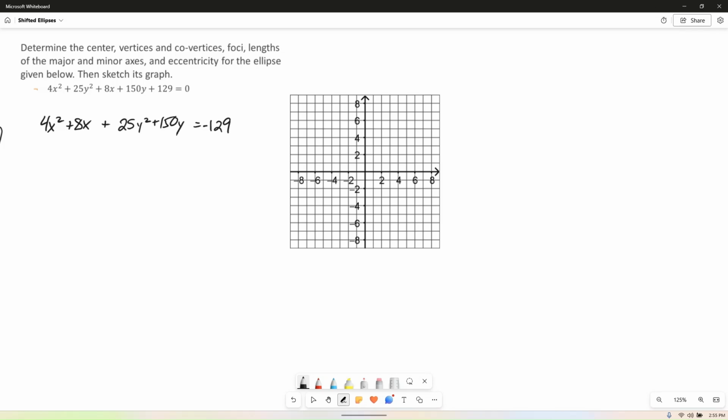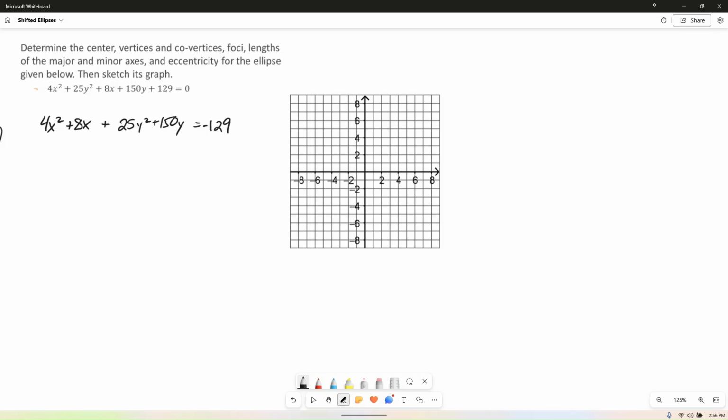In order to complete the square, the squared term must have a coefficient of 1. So there can't be anything directly in front of the x squared or the y squared term. In this case, I have a 4 in front of the x squared and a 25 in front of the y squared. So we need to factor the 4 and the 25 out of the x's and the y's.